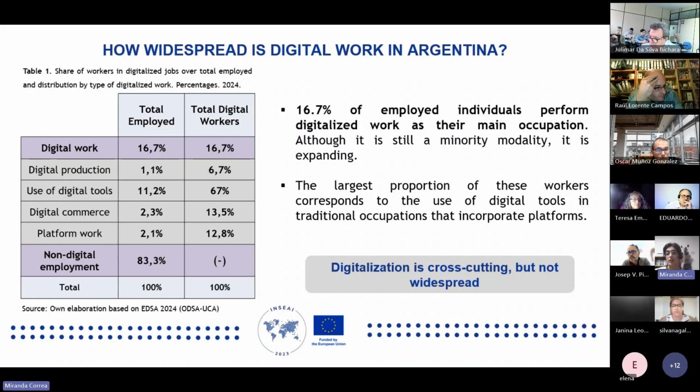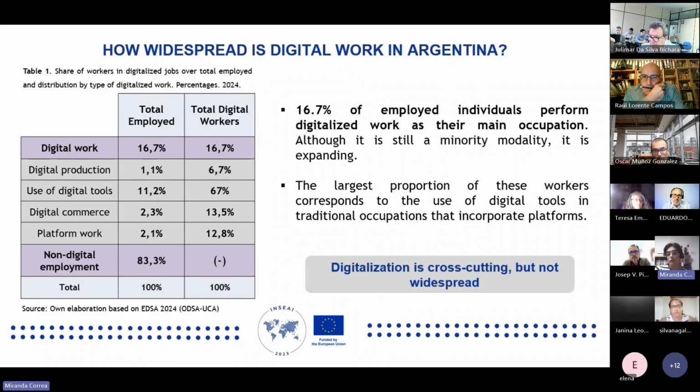Although digitalization is often presented as a transformative force, in middle-income countries like ours, which are characterized by structural heterogeneity and high informality, solid empirical evidence is still scarce. We wanted to understand who enters digitalized work in Argentina, and how these jobs differ in terms of working conditions, income, and job satisfaction.